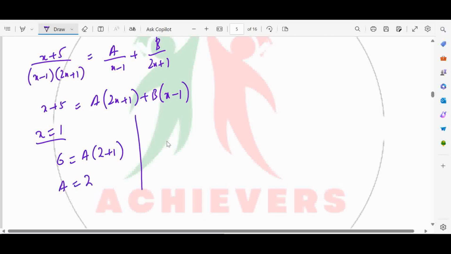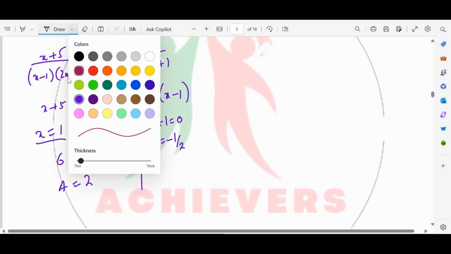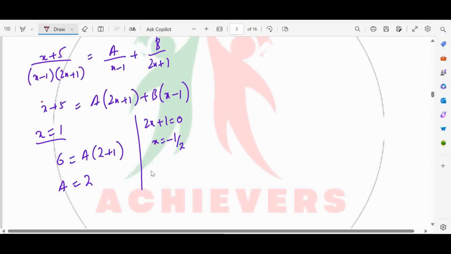Now let's say 2x plus 1 is equal to 0, which means x is equal to minus 1 by 2. Now if we put x equal to minus 1 by 2, minus 1 by 2 plus 5 is equal to 0 plus b into (minus 1 by 2 minus 1).